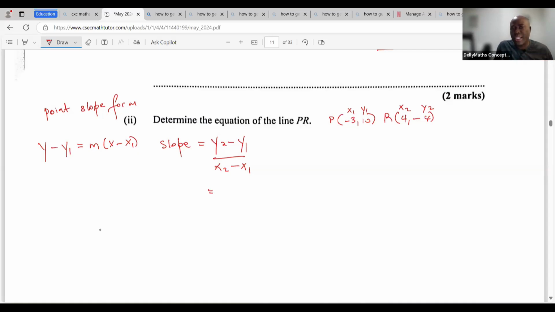Let us substitute y2, that's -4, minus y1, that's 10, over x2, which is 4, minus x1, which is -3. Simplifying, this gives me -14 over 7, and -14 over 7 gives me a slope of -2. So my slope, which we call m, is equal to -2.